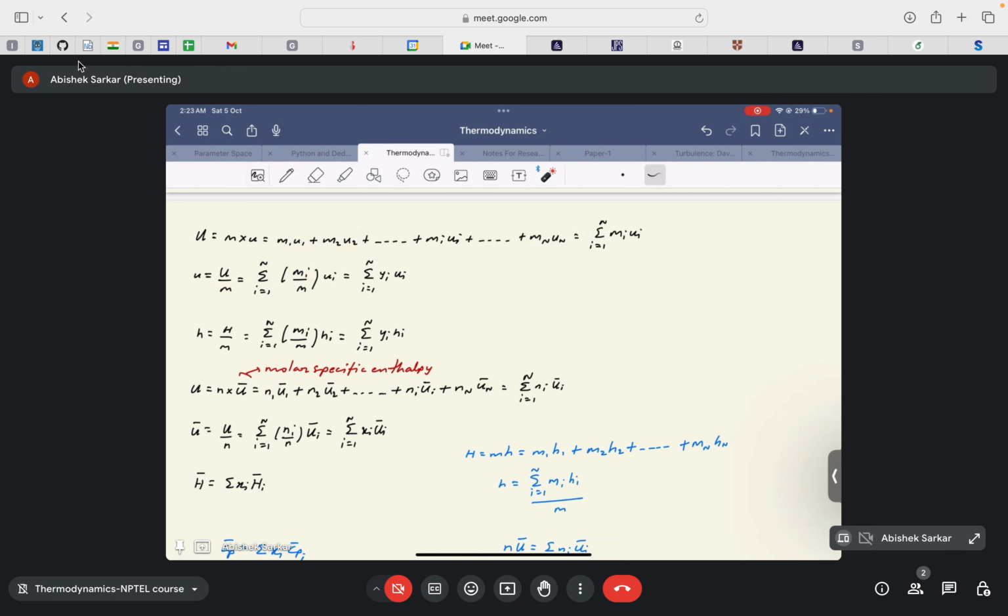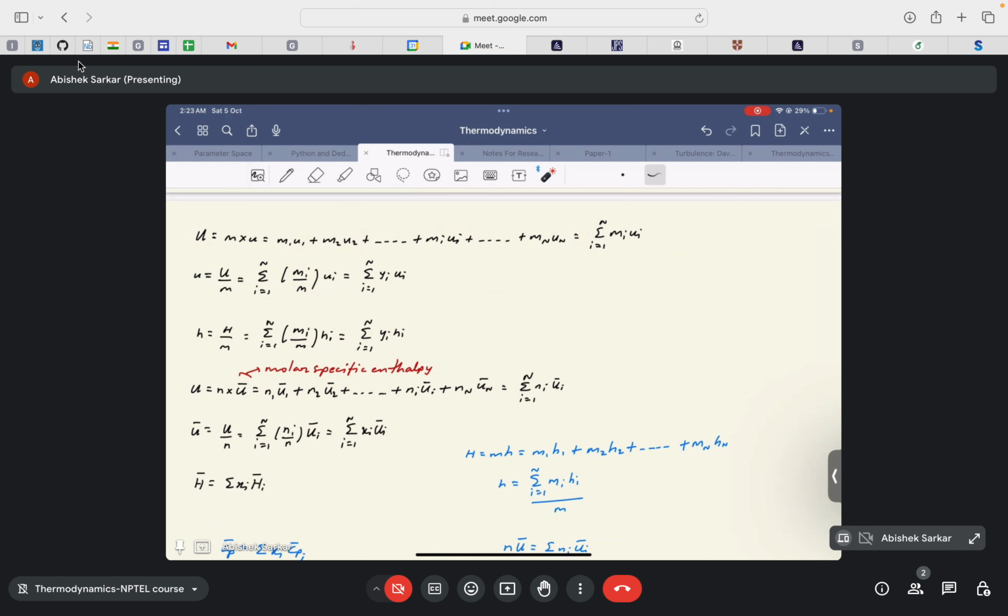So we can write small u, the specific internal energy of the entire mixture, as the summation of yi into ui, where yi is the mass fraction and ui is the specific internal energy, and i is the index used to denote the particular gas whose specific internal energy or mass we want to evaluate. So the specific internal energy of the entire mixture is the summation of yi into ui, where i varies from 1 to n.